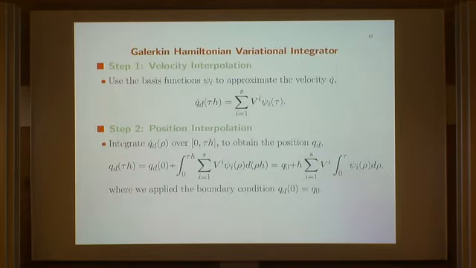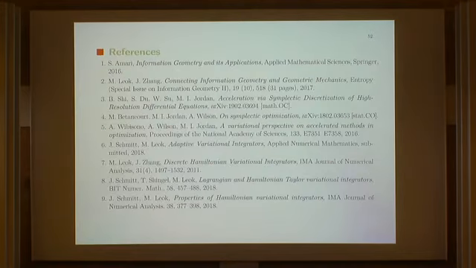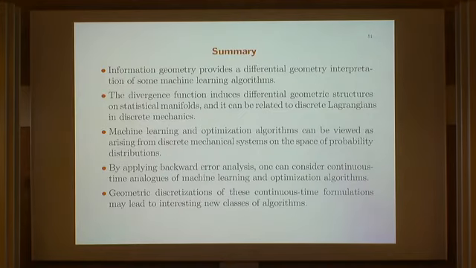So anyway, let me skip all this and say the following: information geometry provides a differential geometric interpretation of a class of machine learning algorithms, and in particular, there's this object known as the divergence function, which induces differential geometric objects like the metric and connection on spaces of probability distributions, and we've related it to discrete Lagrangians and discrete mechanics.